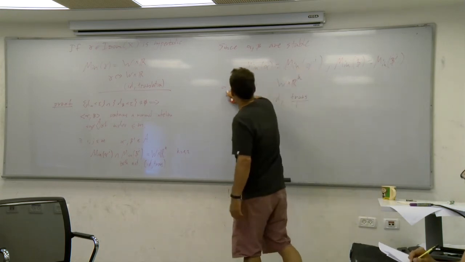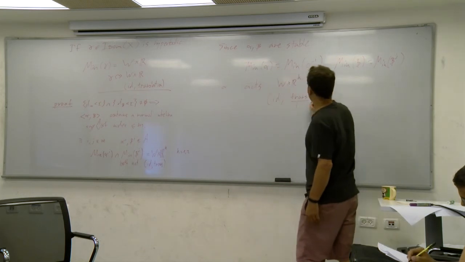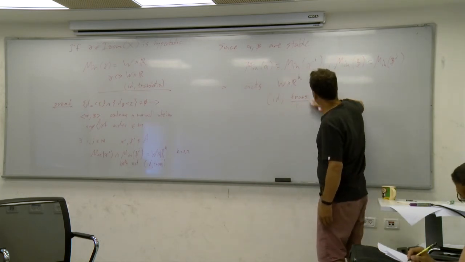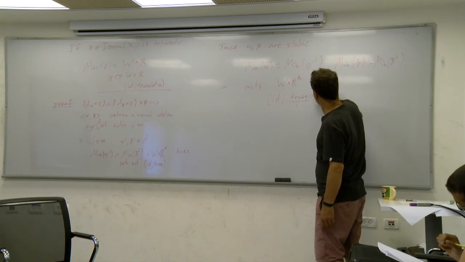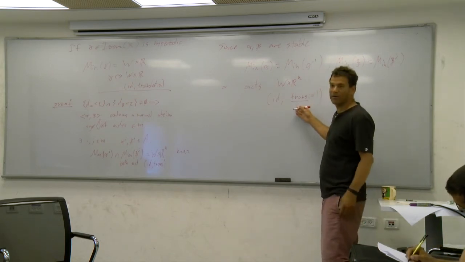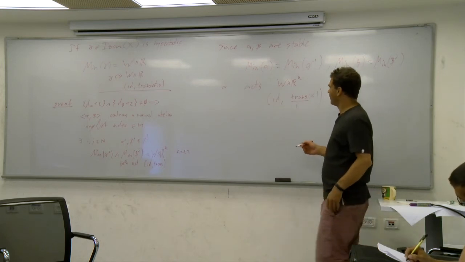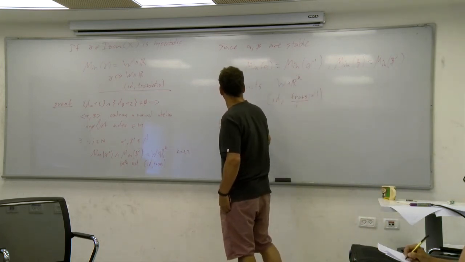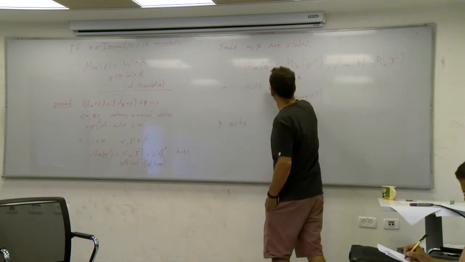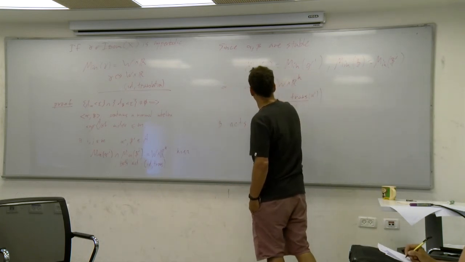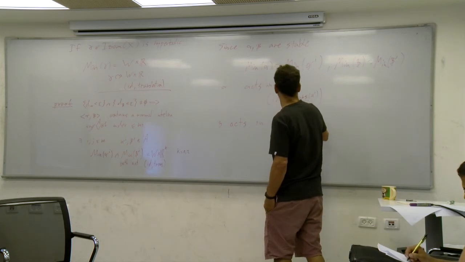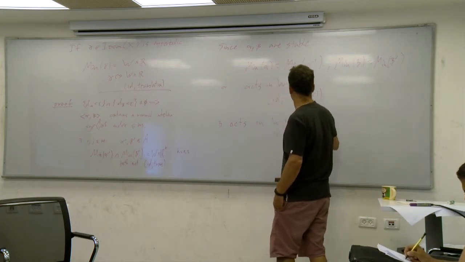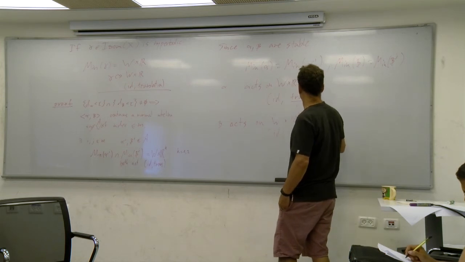So alpha acts by the translation of alpha to the i divided by i. It's a Euclidean space, you can divide. And beta acts on W cross R^k by identity and the translation of beta to the j divided by j.